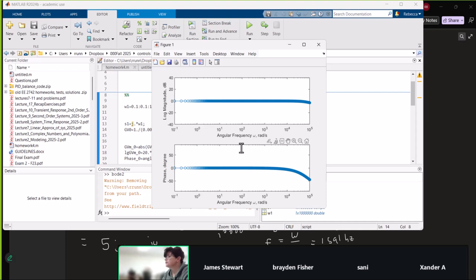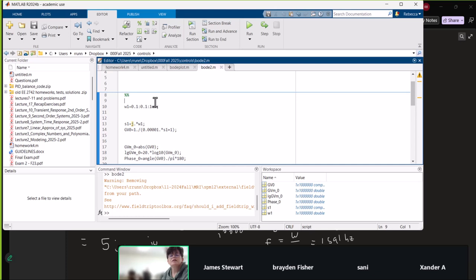So I want to take the angular frequency out even farther. I'm going to change this to 10 to the 6 and change my step to 1.